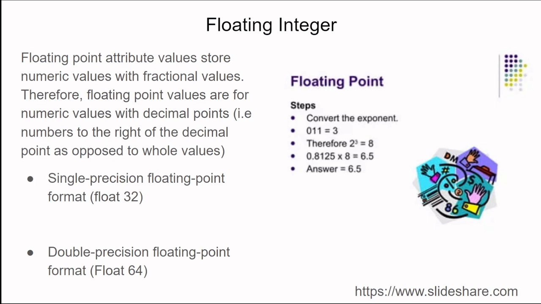Now, these two different formats have a range of values they take. If you have data and you are creating an attribute table, or if you are configuring a schema for your database, it is important for you to understand which of them you need, whether the values you anticipate to store in that column are okay with a float 32 or will need float 64.